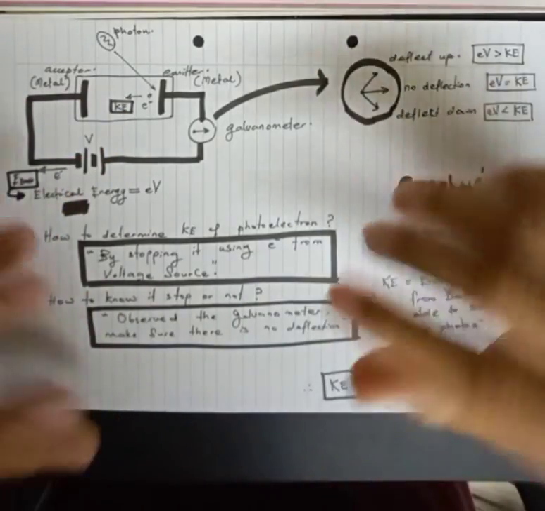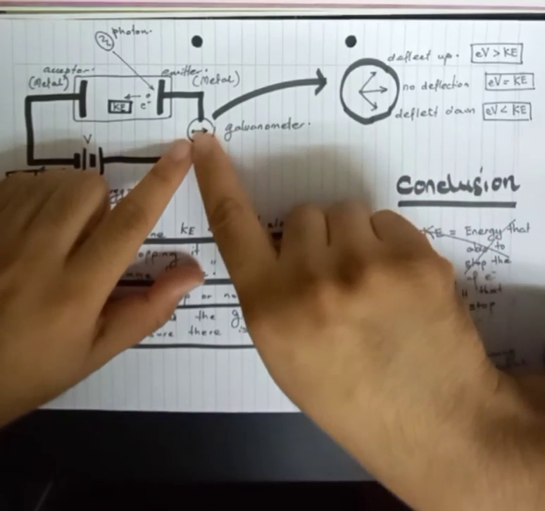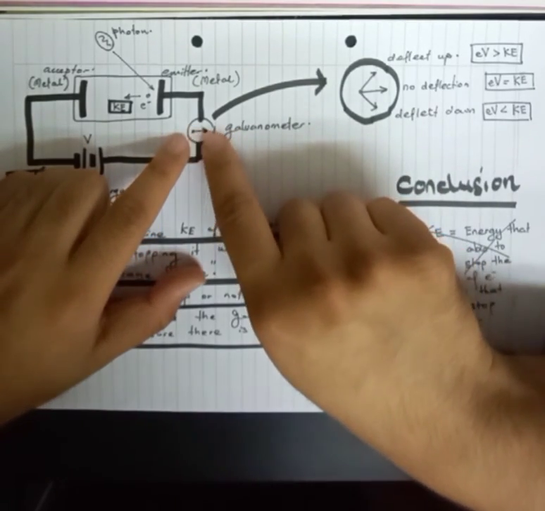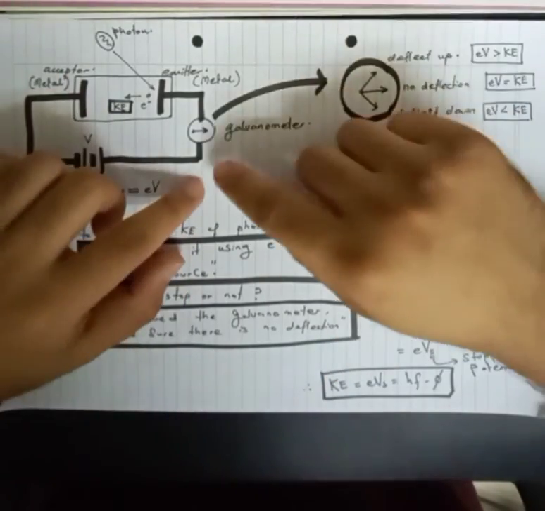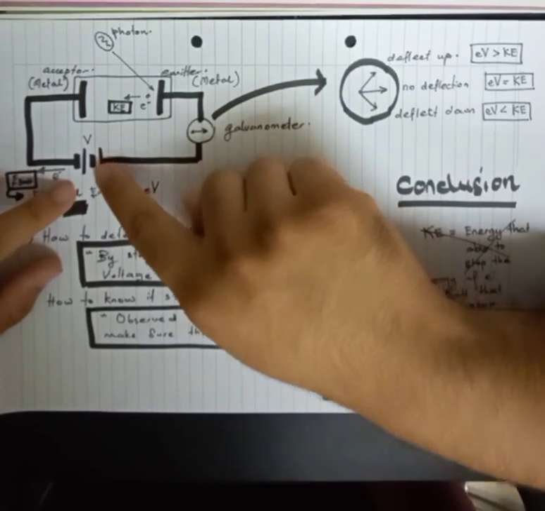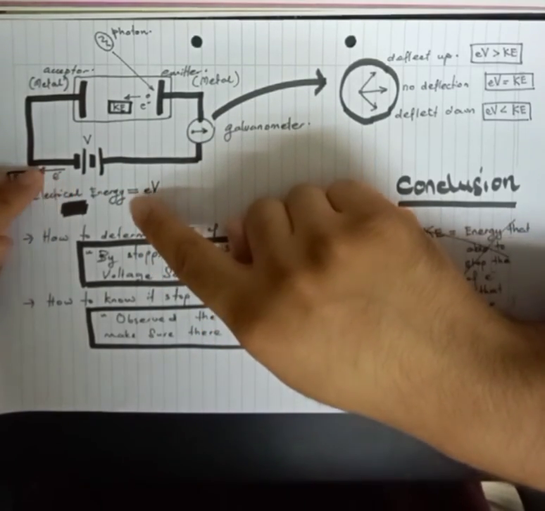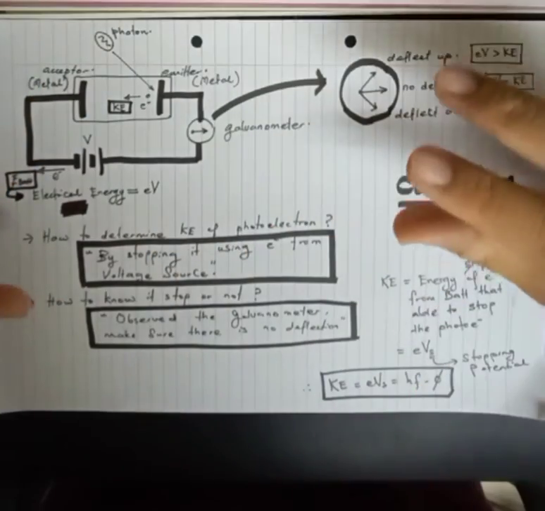How do we know that? We must observe the galvanometer. When there is no deflection of the needle, that means there is no current flowing in the circuit. If this electron has the same energy as this electron, when they hit together, they will stop at some point.